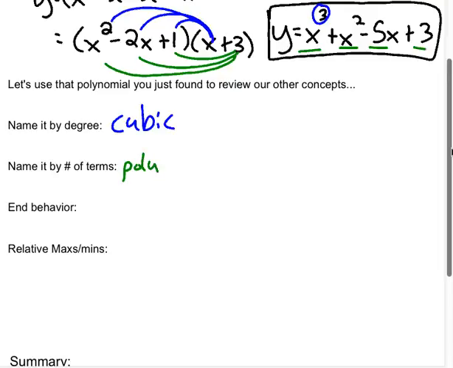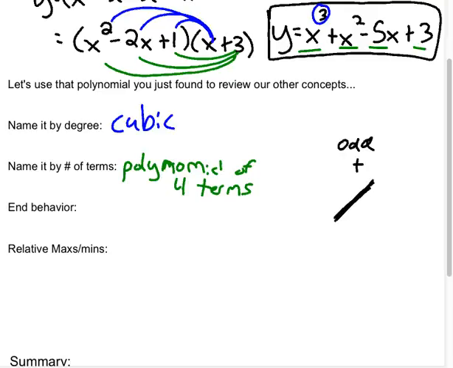Well, remember that one doesn't get a special name. So it's just a polynomial of 4 terms. Its end behavior. Well, its end behavior, notice it's odd and positive. So think of a line with a positive slope. It's starting down at the bottom and working its way up. So its end behavior is going to be down, up.